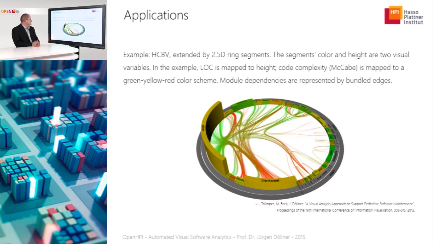In this example, the lines of code measures are mapped to height, so high segments indicate large modules, and the code complexity is mapped to a green, yellow, red color scheme.